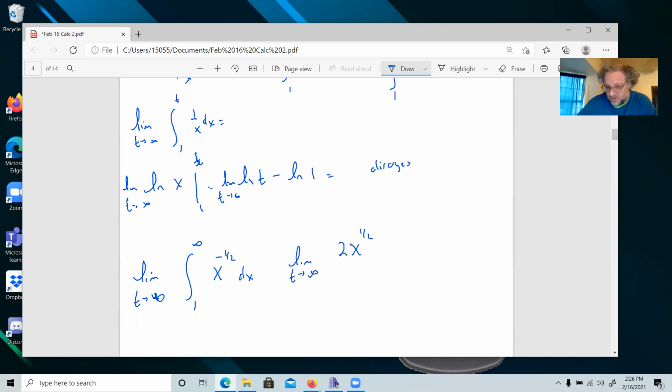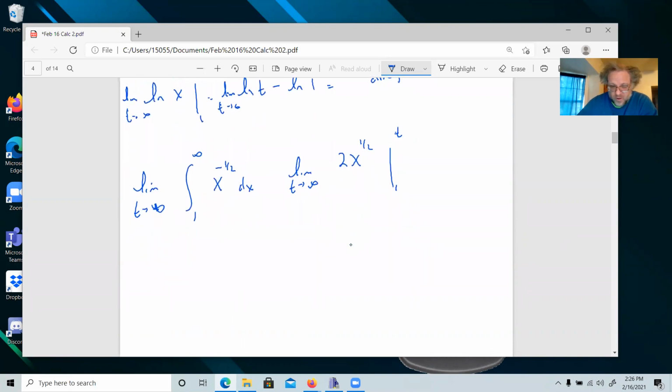That's going to give us a 2, and we're going from 1 to t. So this is going to be 2 times t to the 1/2, limit as t goes off to infinity, minus 2 times the square root of 1.